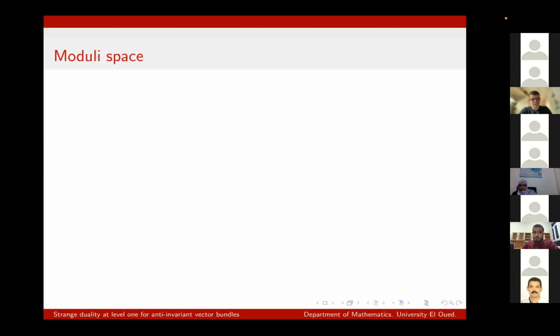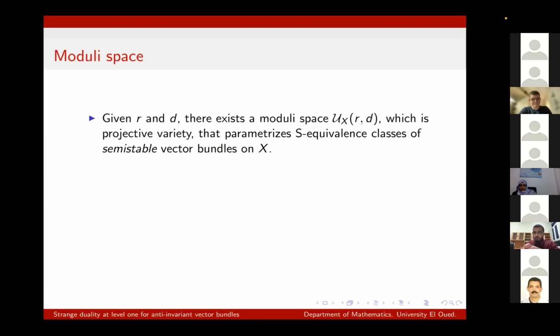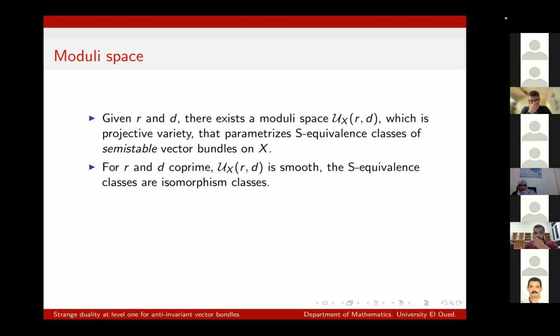Okay, so the S-equivalence is larger than the isomorphism classes, but in special cases, for example, if R and D are coprime, then the S-equivalence classes are the same as the isomorphism classes, and this is an easy fact due to the definitions. And actually, this moduli space is a smooth projective variety, and this is good.